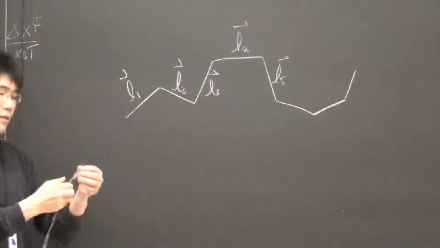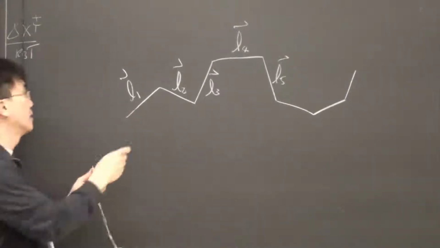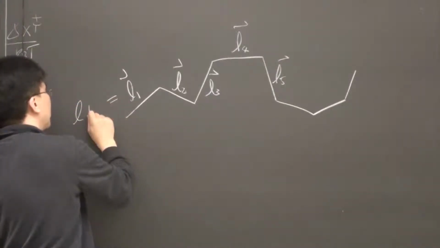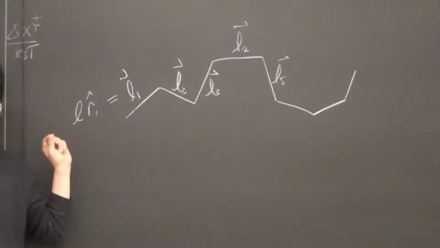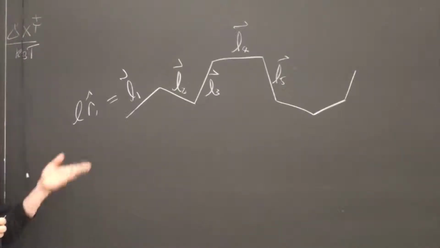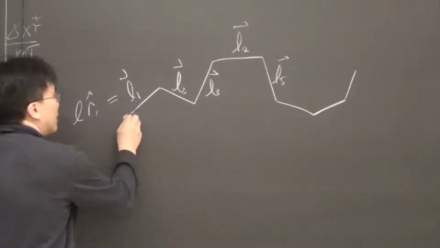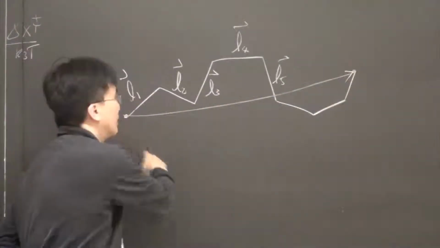I have these vectors of length L, and you can call this L times a unit vector in this direction, right? And I have this all over, and so what number can I actually determine, averaged over many different configurations? What about this vector connecting the beginning and the end point?